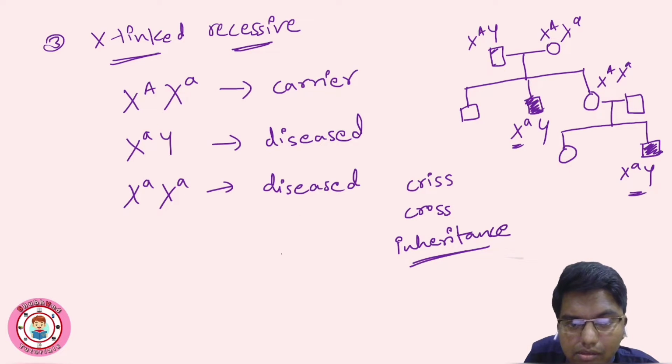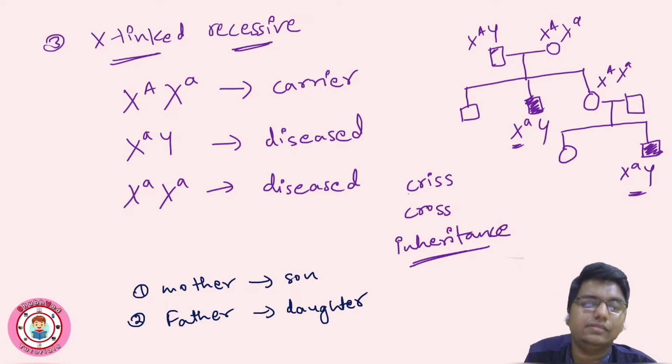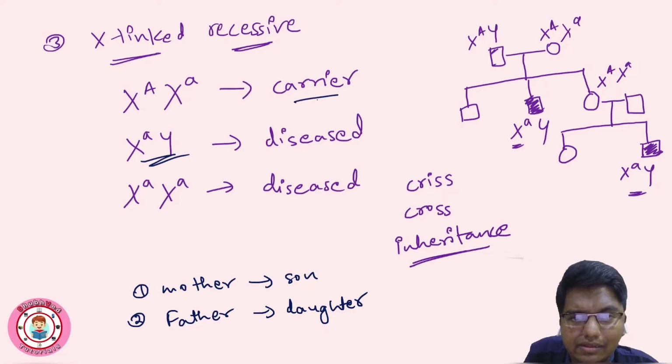Okay, see here, first case, mother to son, father to daughter, like this. Okay, so mostly this is the condition that we see. Males are affected, females are the carriers, right, mothers, and what we can say, affected because of hemizygous condition or pseudodominance, right?